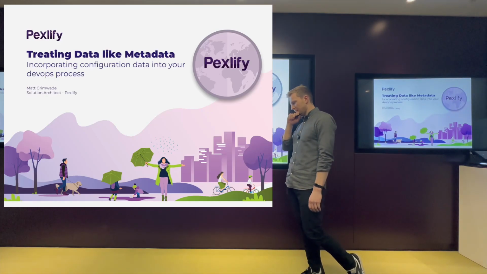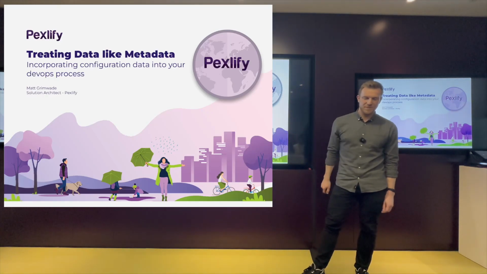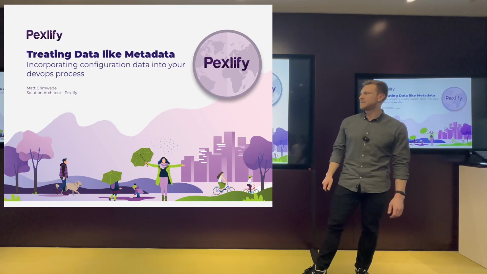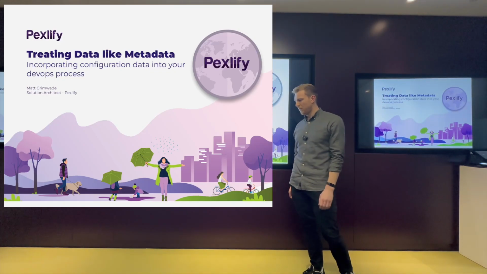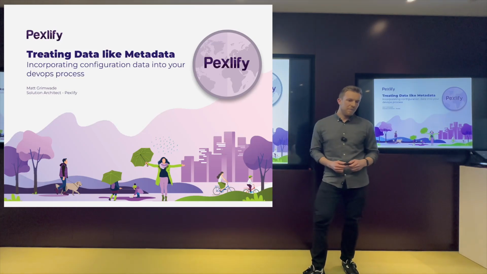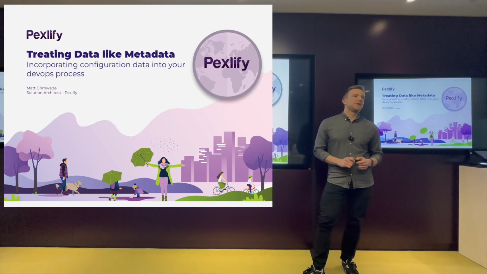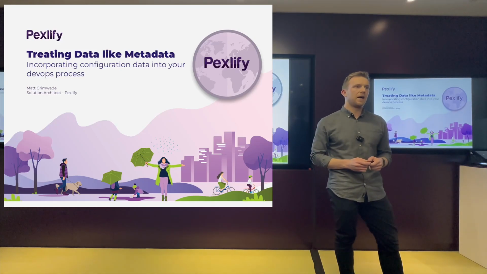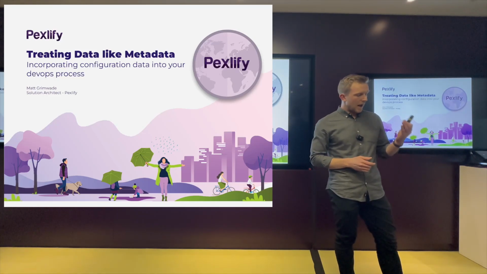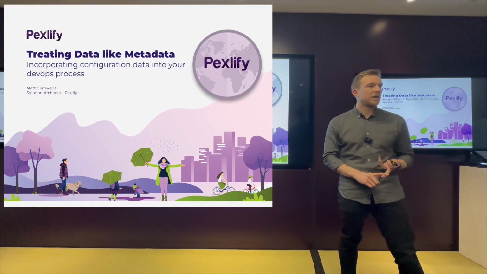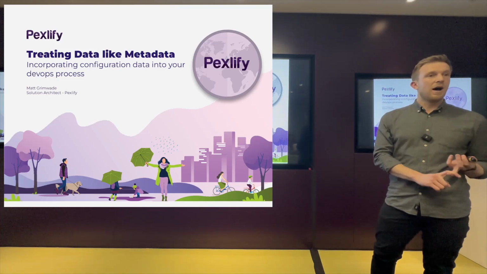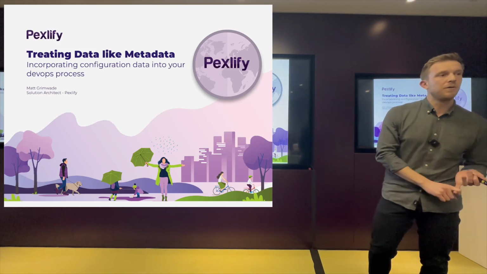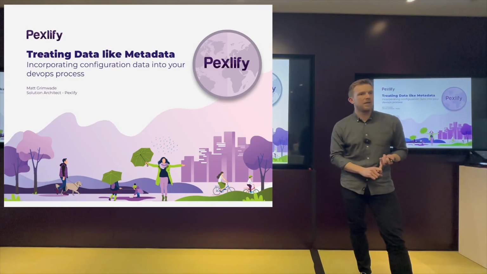So how did this talk come about? Why do I want to talk about this, other than the fact that I'm boring enough to like talking about data? Across a lot of the projects we've been doing at Pexify, a common theme started to emerge. We're so focused on our metadata and our DevOps process: how we set up our branching strategy, PRs, merge process, all of our deployments and releases, how we automate those.